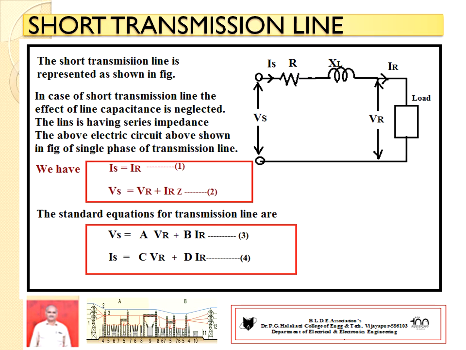The C Vr term is absent in equation 1, therefore C equal to 0. D Ir compared with Ir, hence D equal to 1. In this manner we construct the ABCD parameter values.